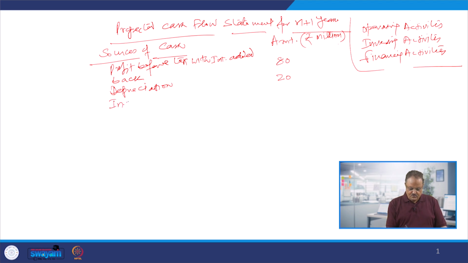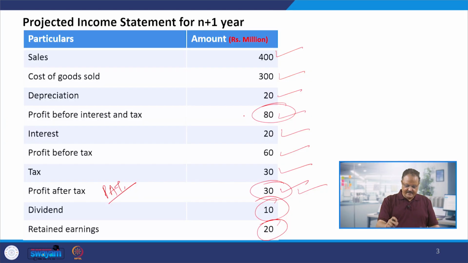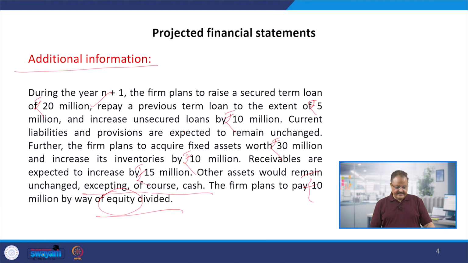Next thing is the cash from increase in the secured loans. This information is given to you in the additional information. If you go to the additional information, you will find that the firm plans to raise a secured term loan of 20 million rupees and repay a previous loan of 5 million rupees.